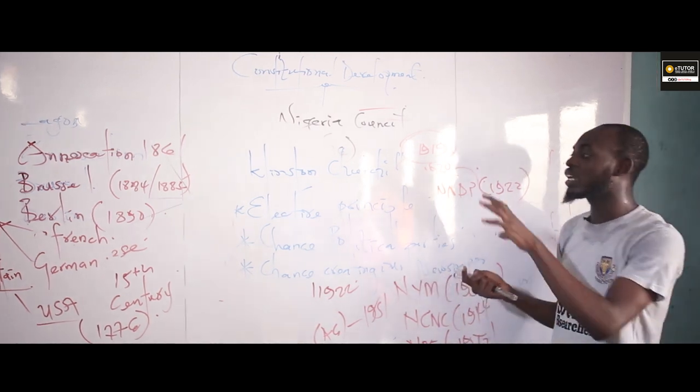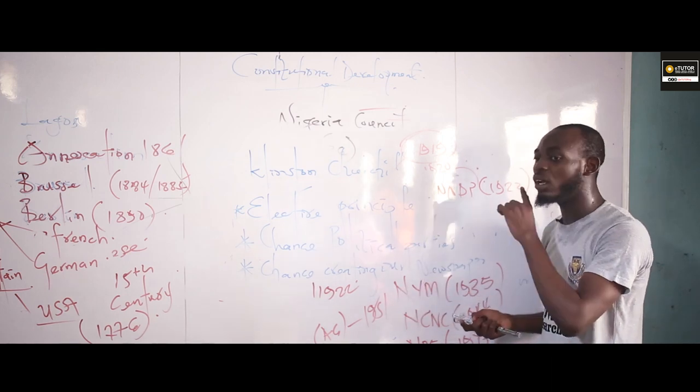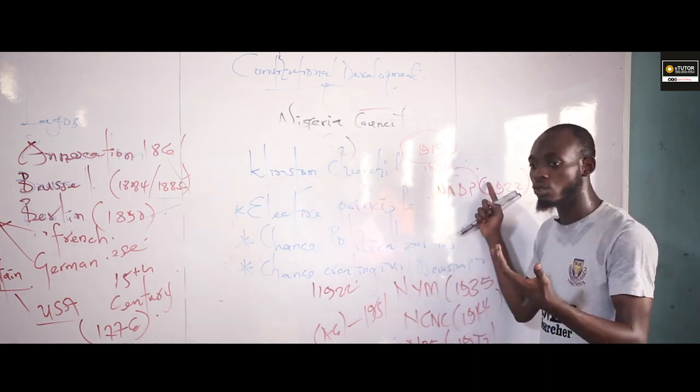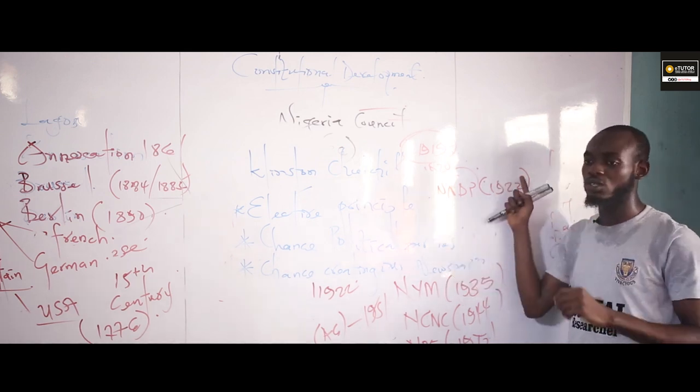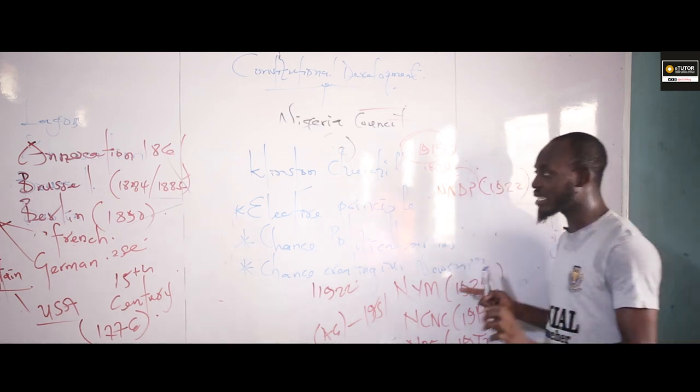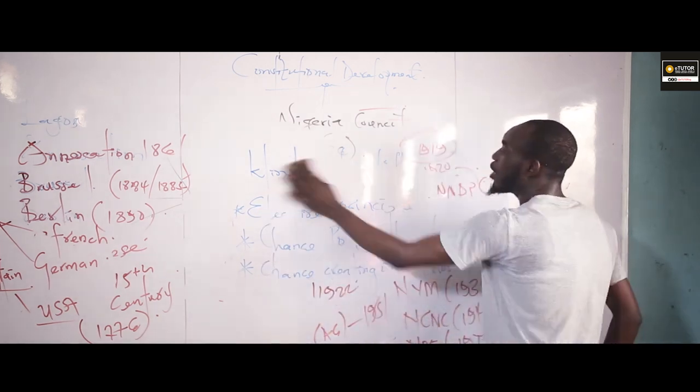After Winston Churchill gave us all these three things, it led to the Clifford Constitution of 1922. So that's the inception of the Clifford Constitution. So we are just starting.